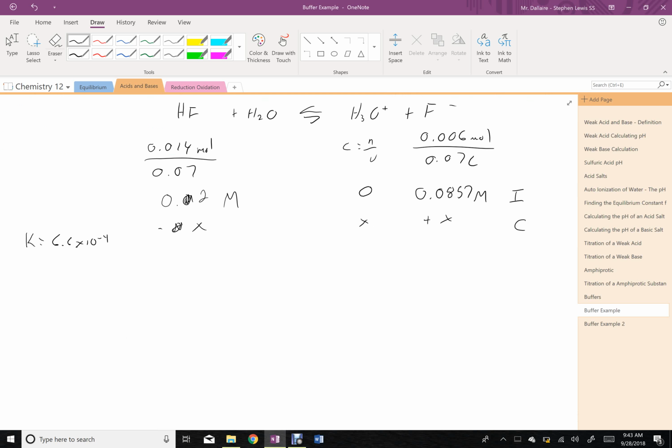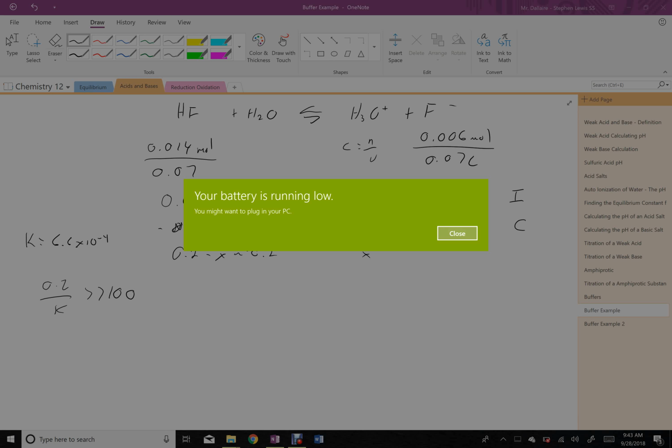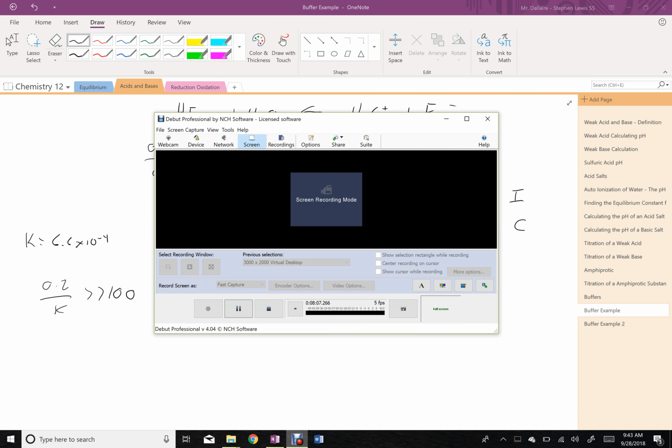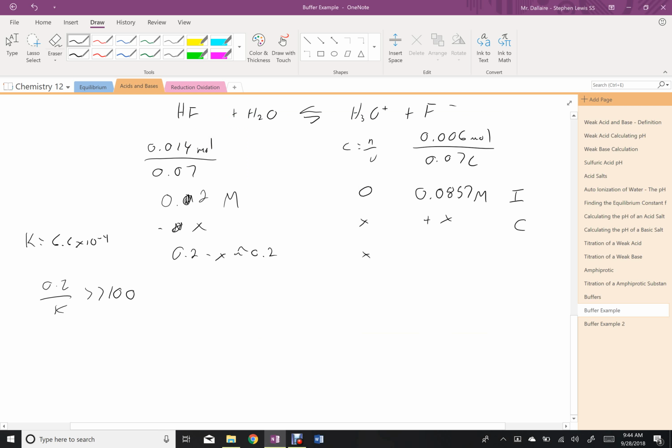Or you could look at it as a common ion situation, but if I take the concentration 0.2 divided by my Ka, it's much greater than 100. So this 0.2 minus x is going to be approximately equal to 0.2. And in this 0.0857 plus x, this x is also going to be small, so that's just going to be approximately 0.0857.